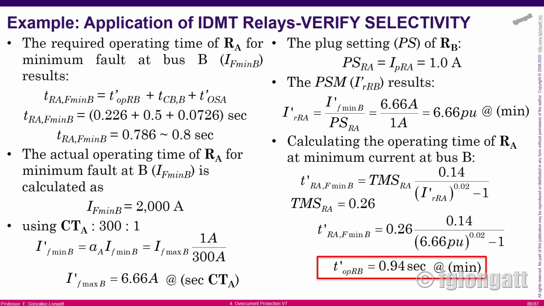We know that the minimum short circuit current at bus bar B is 2000 amps. And using the transformer ratio of CTA, we obtain that the secondary is 6.6 amps.